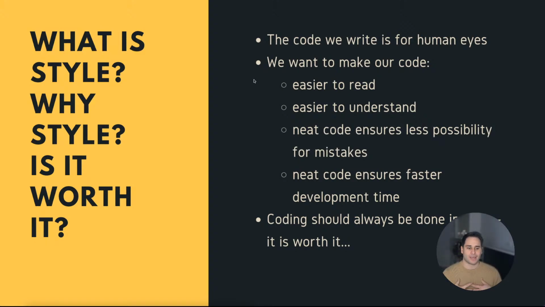So we want to make it easier to read, easier to understand. A term I like to think about is glanceable. If you write code, it should be glanceable to look at and think, I completely understand what Tammy was writing here or Nikhil was writing here, for example. We want it to be neat. What does that mean? It's a bit subjective.